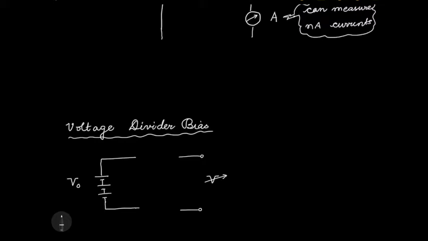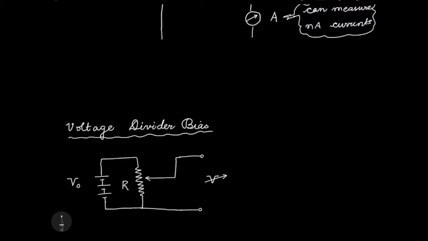So what do I do? I connect a resistance over here. Let's call this resistance R. One end I connect to the output here. The other end connects to somewhere in between the resistance.